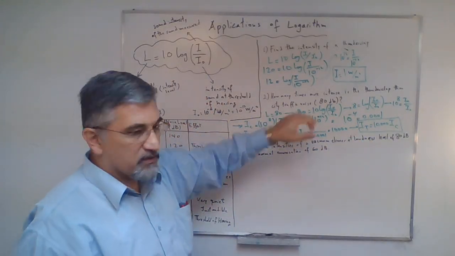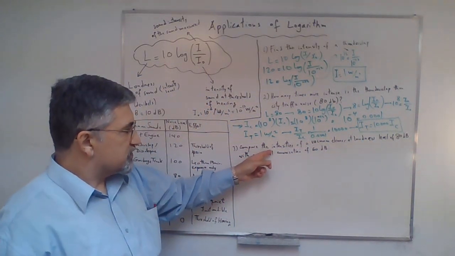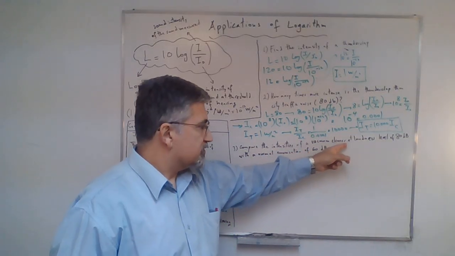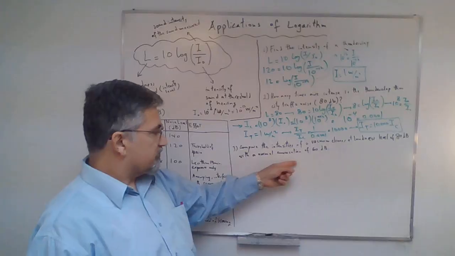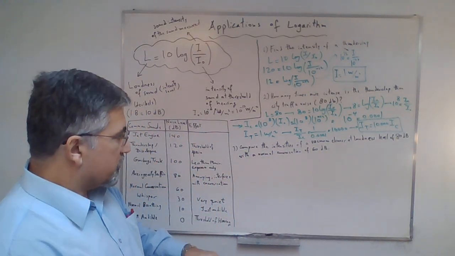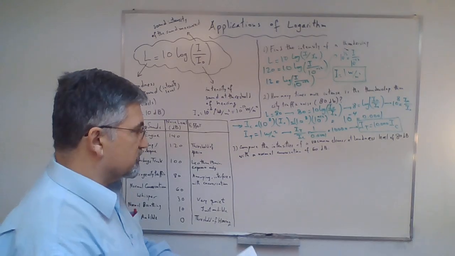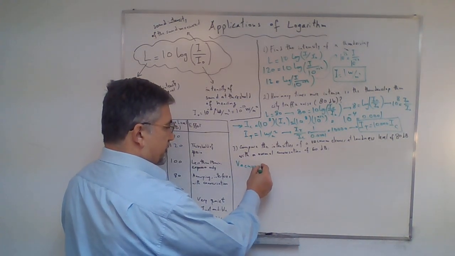Okay, compare the intensities of a vacuum cleaner at loudness level of 80 decibels with a normal conversation of 60 decibels. So we want to compare these two. Okay, so we have two sounds here. One is the vacuum cleaner. So this is the vacuum.